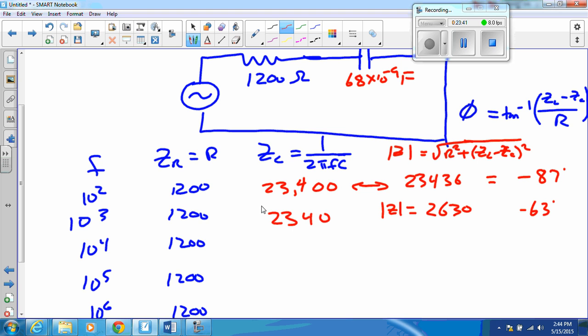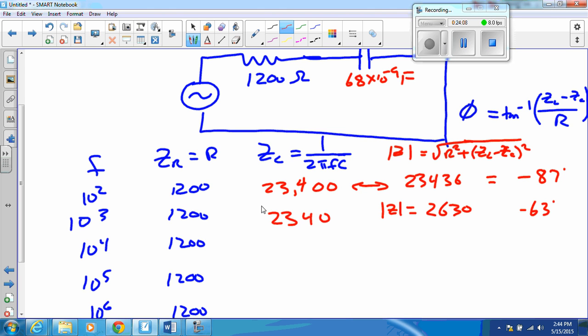The voltage drop across the resistor is a whole lot larger than it was at 100 hertz. Everybody see that? And not only so, but also this phase shift is starting to head towards 0. The peak of this wave is starting to line up under the peak of that wave. Right, the local max.